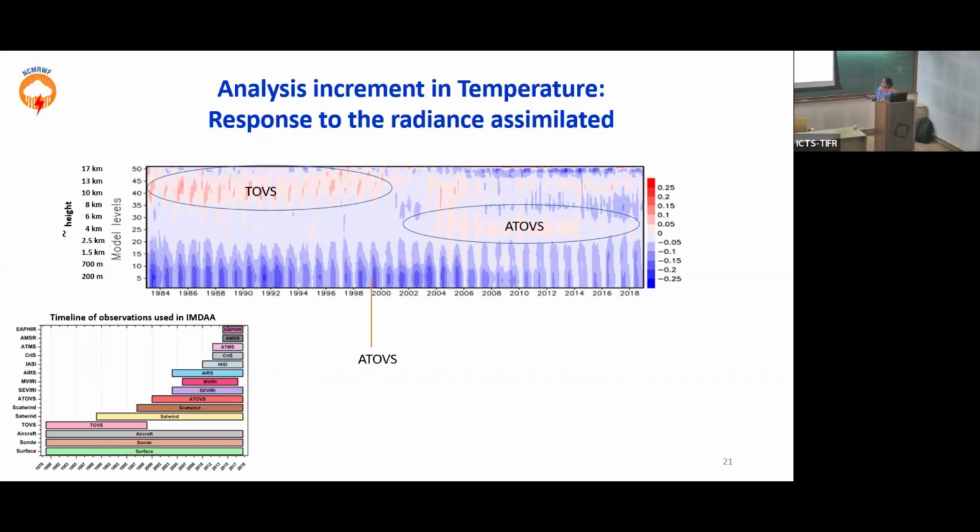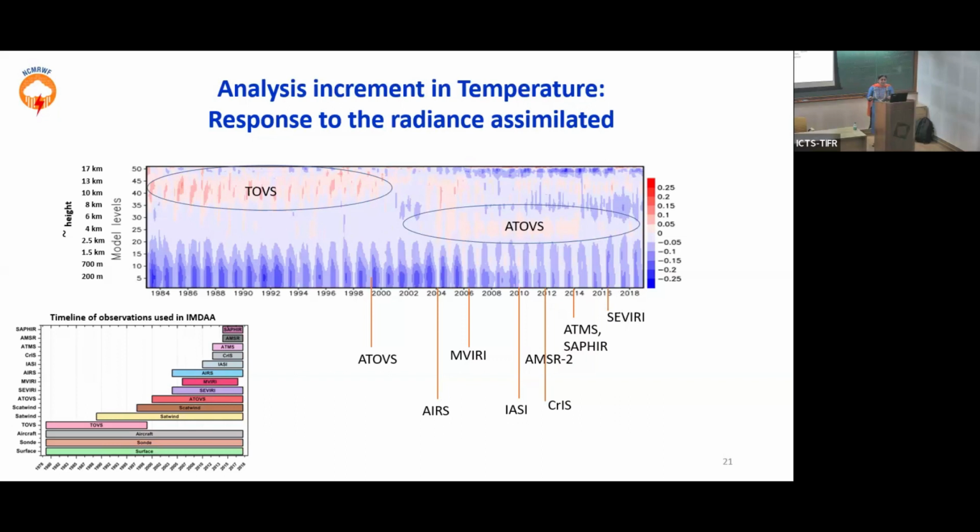So here we introduce the ATOVS. These are some of the timelines. Here we introduce the MVIRI data, then AMSR2, then ATMS, SAPHIR, SEVIRI, then ARC and CrIS. Here you can clearly see there are changes whenever we introduce new data. This is a climate monitoring type of reanalysis, and we used almost all the available datasets.